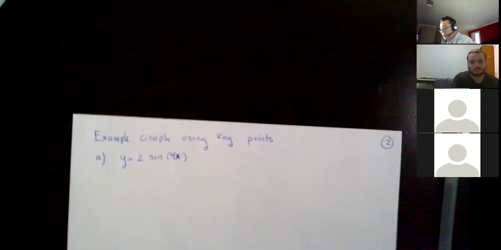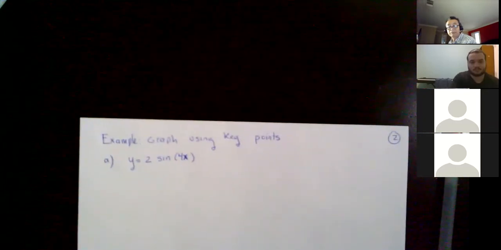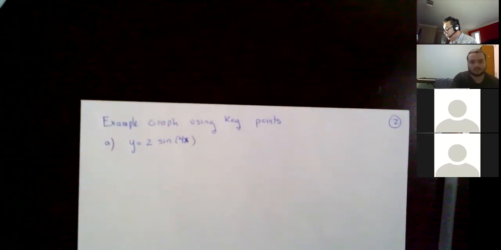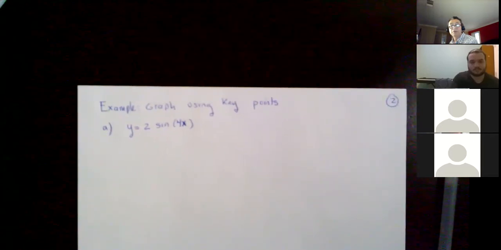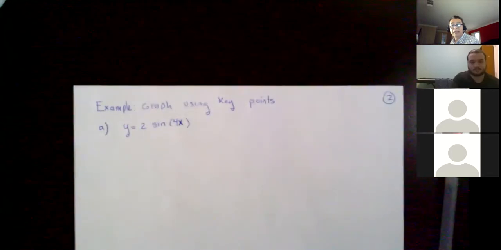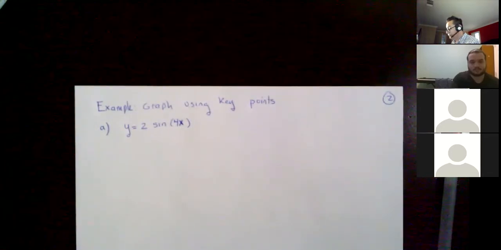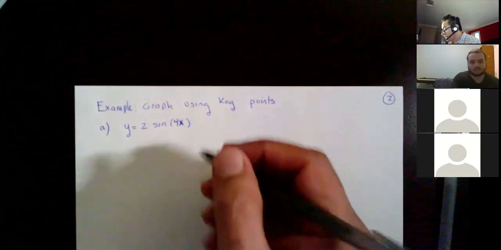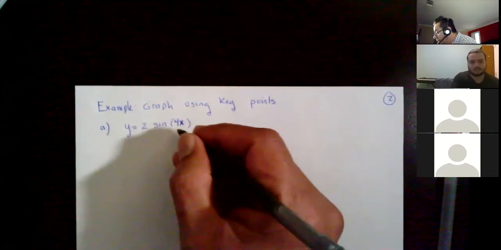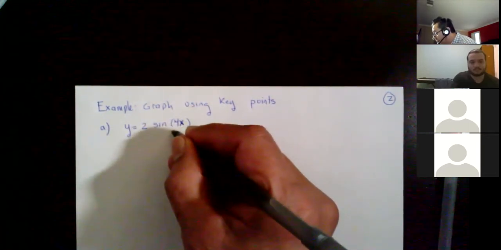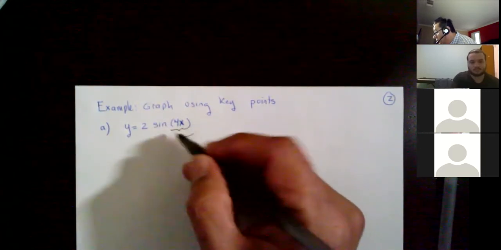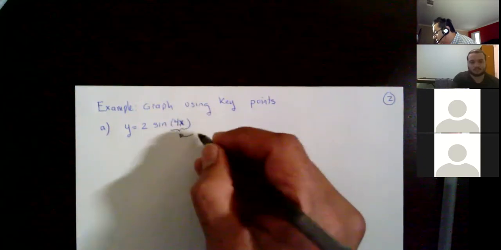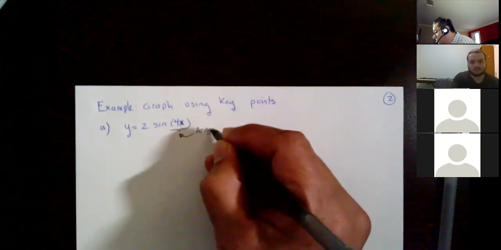So notice here, let's try graphing. It says graph using key points: y equals 2 sine of 4x. This value of 4x, the value that is within parentheses, is also known as the argument.